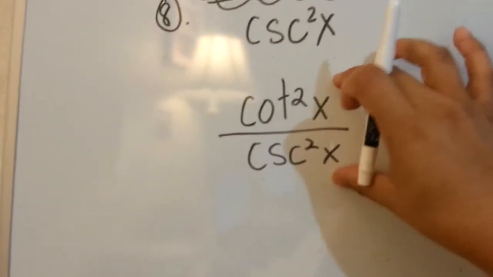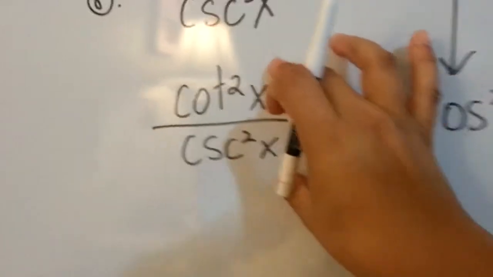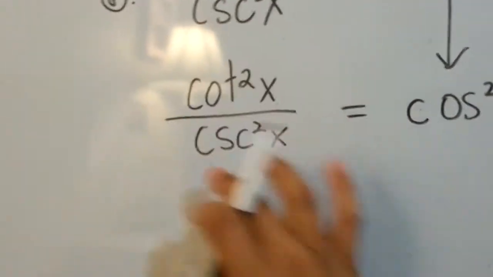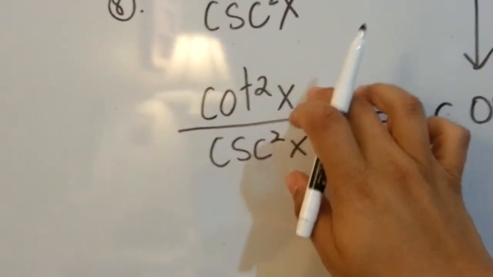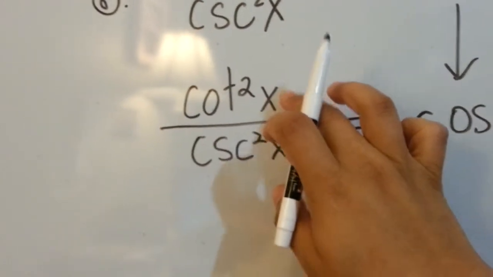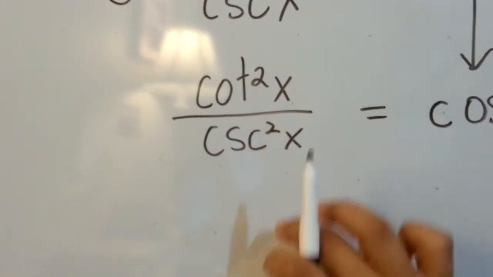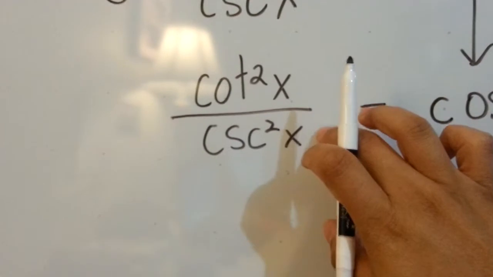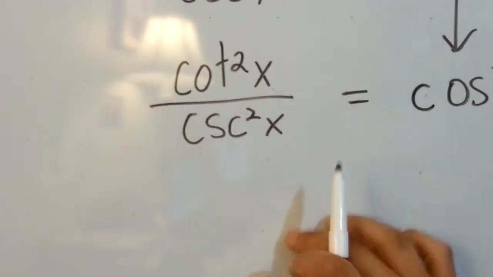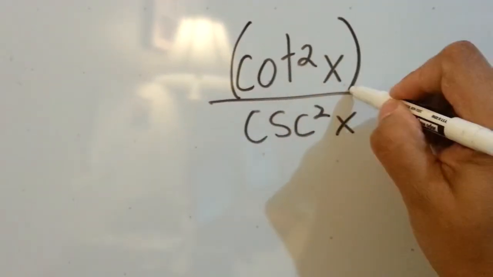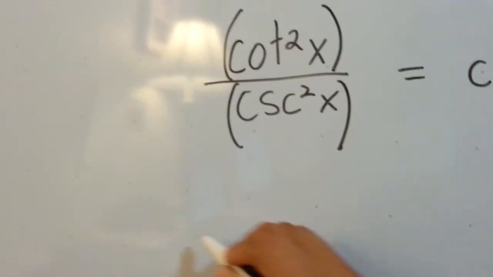We've definitely simplified it, but we can still turn this into sines and cosines. You know what cotangent is. Cotangent is cosine over sine, and cosecant is 1 over sine, but they're both squared. So watch. That's your numerator, that's the denominator.